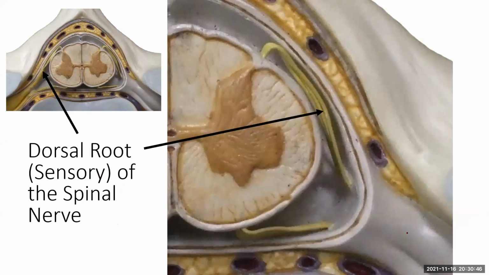So you'll notice when the spinal nerve does bifurcate and those sensory neurons head towards the back of the spine, we have what's called the dorsal root of the spinal nerve, also known as the posterior root of the spinal nerve. Those are going to be sensory neurons only.